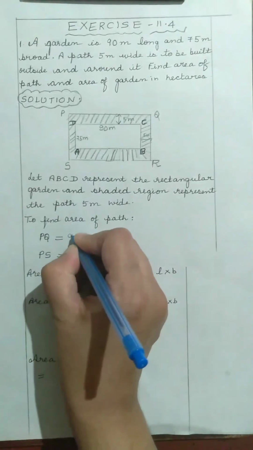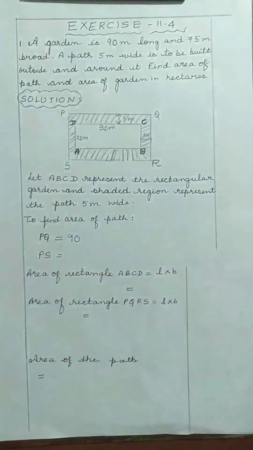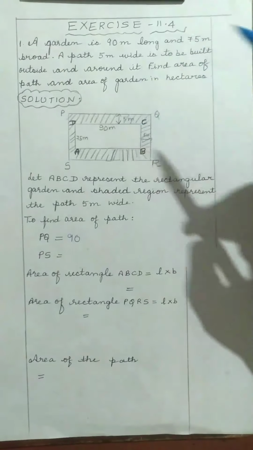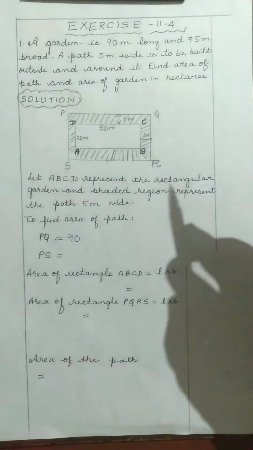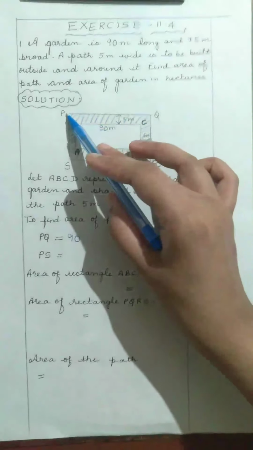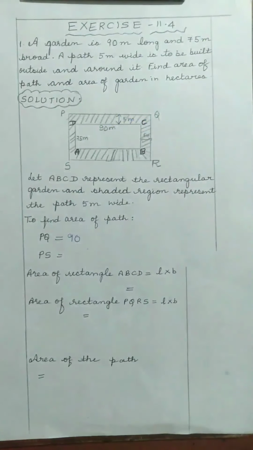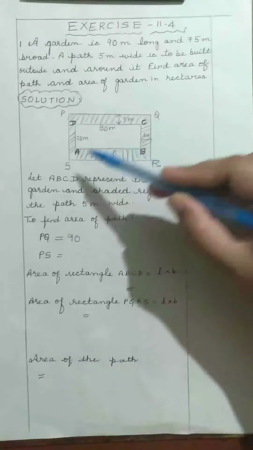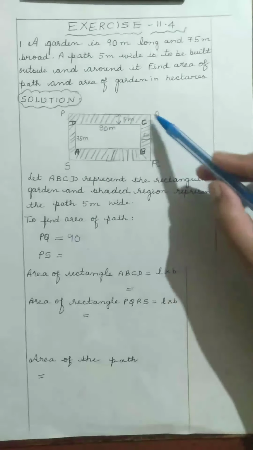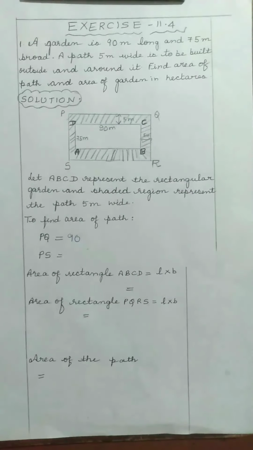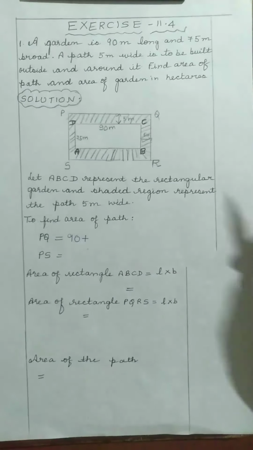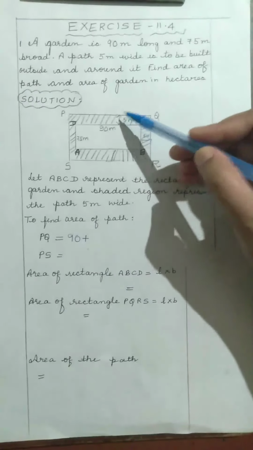Therefore, take 90. Then we have the path of 5 meter wide. Then, in order to calculate the length of PQ, first we need to consider the length of the rectangular region ABCD. Then, to this length, we have to add the path of 5 meter wide.